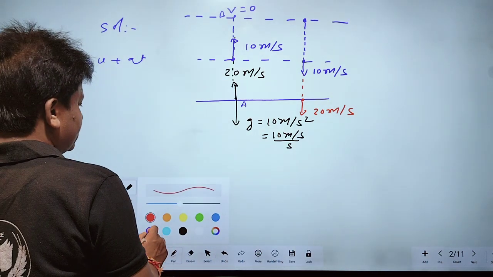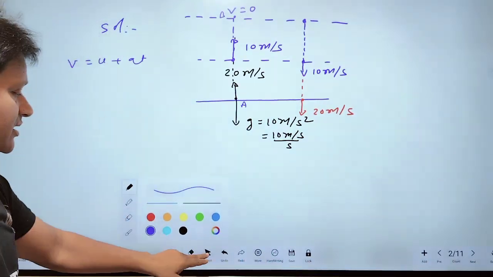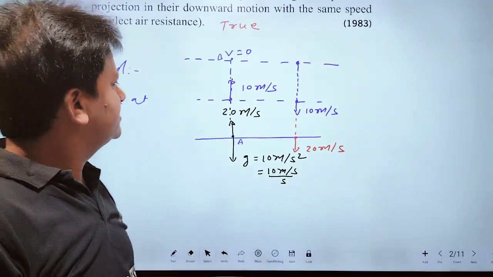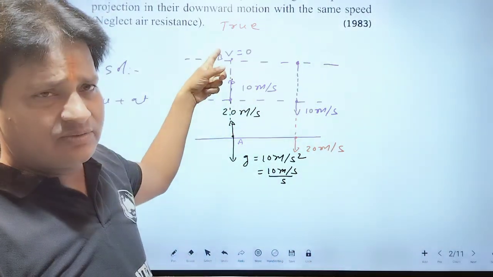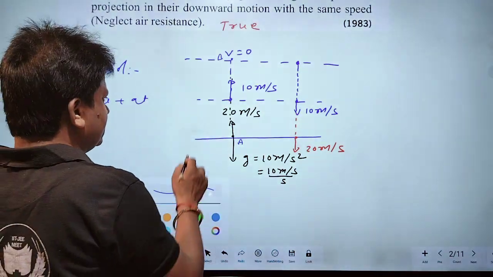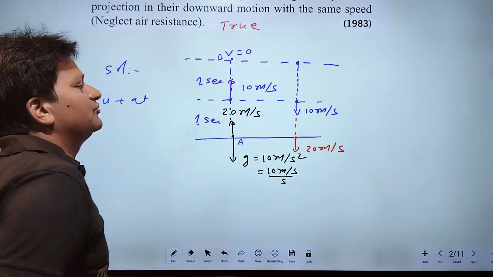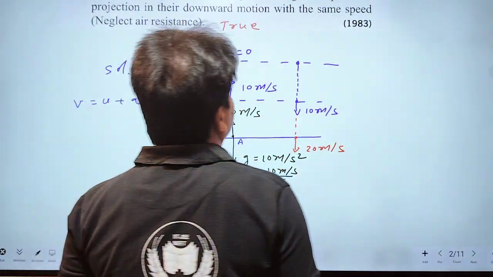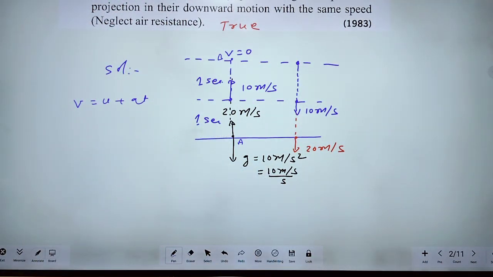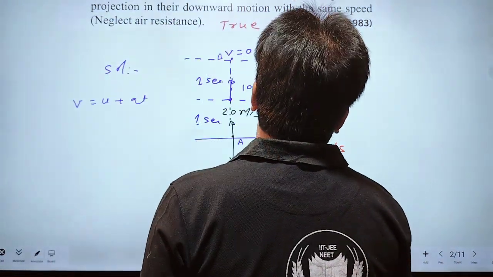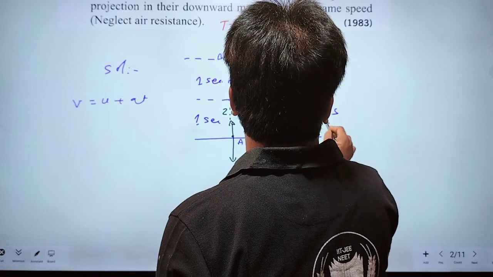If air is absent, then time of ascent will be equal to time of descent. Here we can see that the time taken to go from A to B will be 2 seconds. This is 1 second and this is 1 second. Total time taken will be 2 seconds. During the motion of the particle in the vertical direction, this is 1 second and this is 1 second.